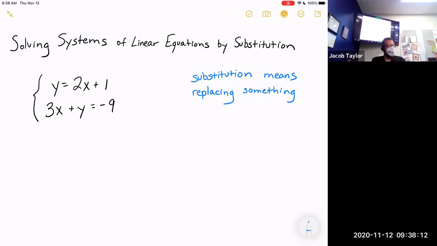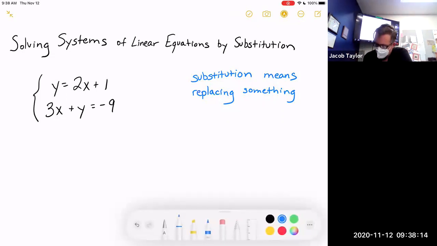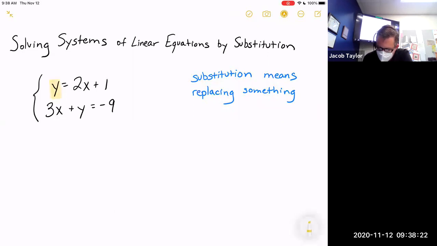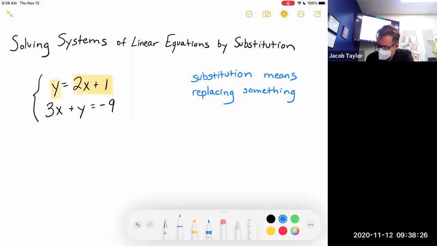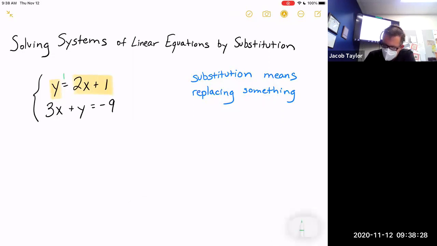Okay, so let's take a look at these two equations that I wrote for you. And what I want you to notice right off the bat is that the first equation, the top one, is solved for y. It says y equals 2x plus 1. We see equal signs so often that it's easy to forget exactly what an equal sign means.